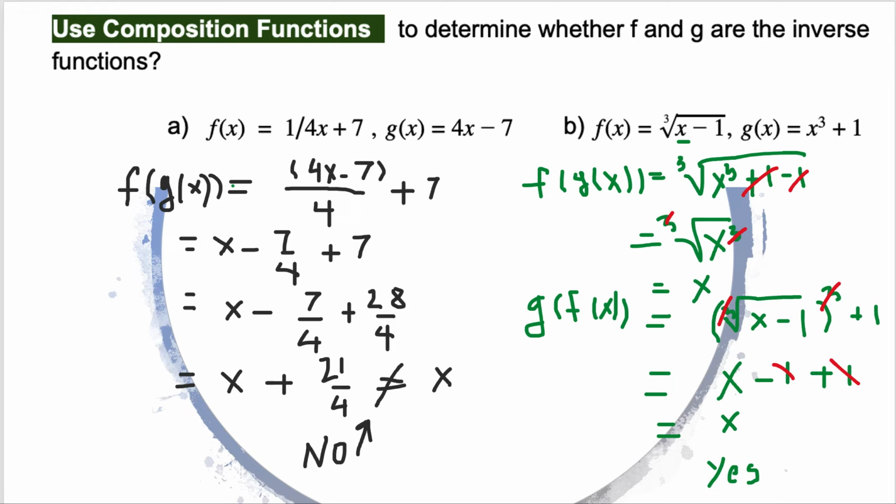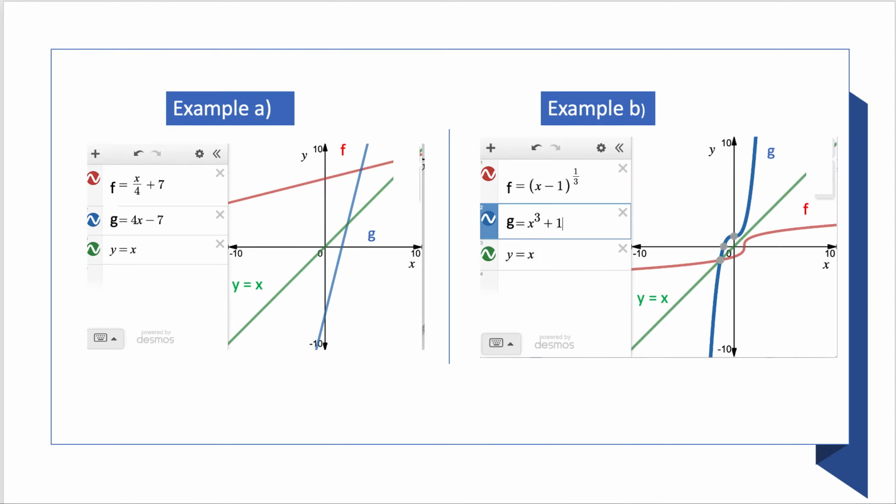If we want to see this from the geometrical perspective, we can see it in this figure here. For example, we have a function f of x and g of x here. As we see geometrically, when we draw the line y equals x, the functions f and g are not symmetrical with respect to the line y equals x. So those are not inverse functions of each other.